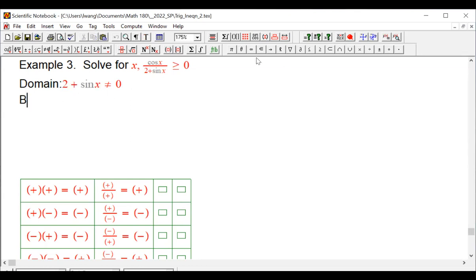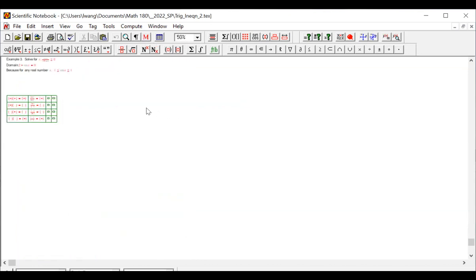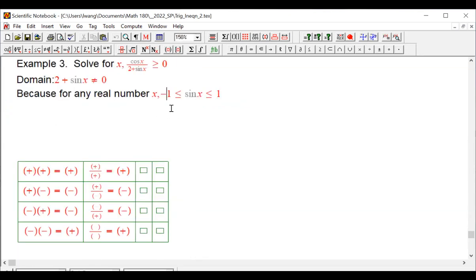Because for any real number x, sine x is always between -1 and +1.